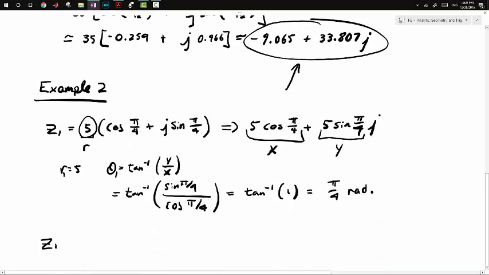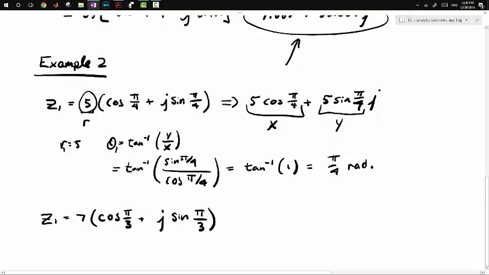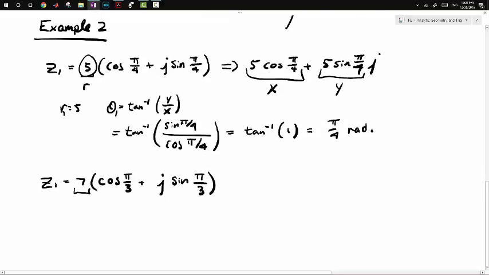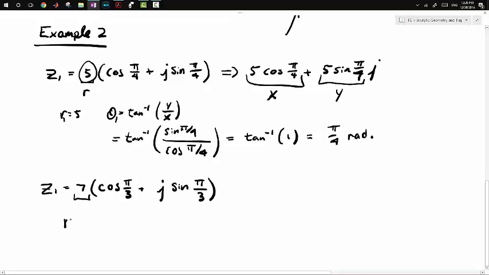And for Z2, we have 7 times cosine of pi over 3 plus j sine of pi over 3. And similarly, we know that this 7 is our radius, so our r2.